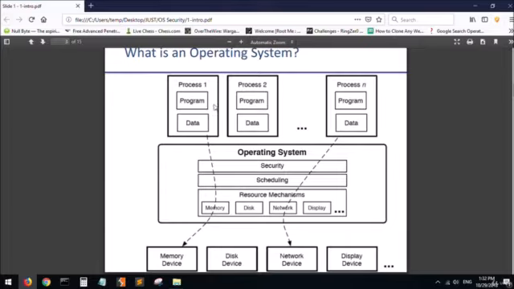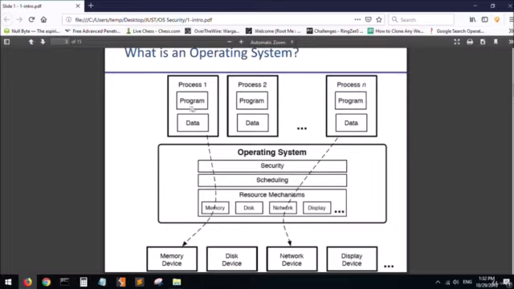Now look at this again. Process 1 has a program section and a data section. This rectangle is the operating system with security, scheduling, resource mechanism, memory, disk, network, display. Here is a memory device and a disk device, which are the hardware.